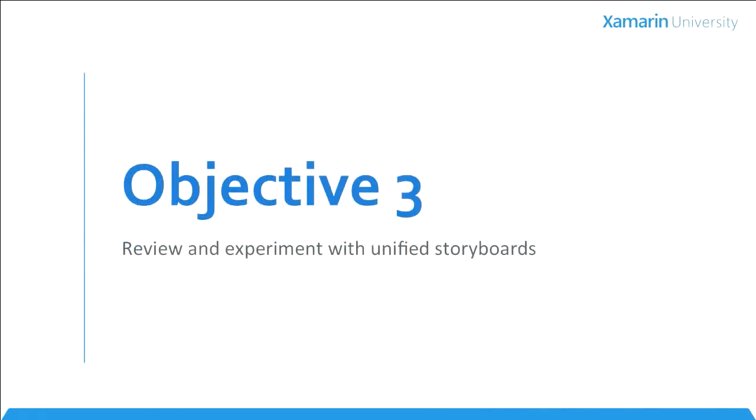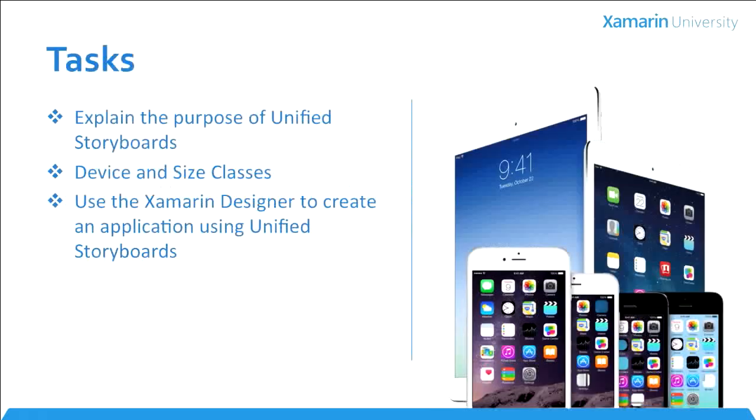In our final section, we're going to look at what I think is one of the coolest, most interesting features added into iOS 8. And that's unified storyboards. So the unified storyboards are going to allow us to effectively create one UI to work across all iOS 8 compatible devices.